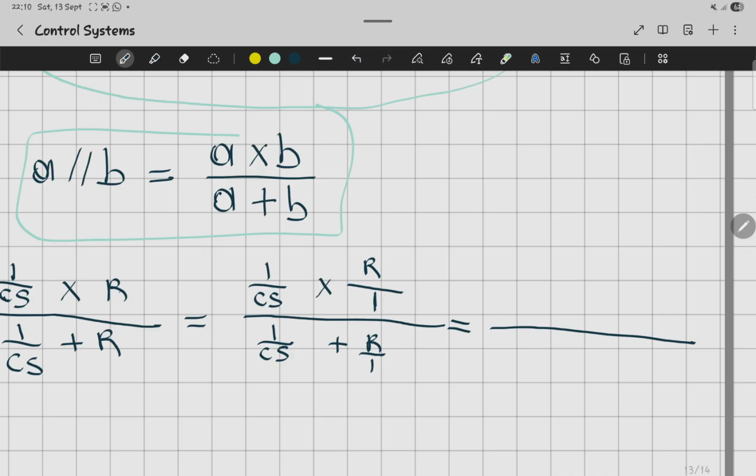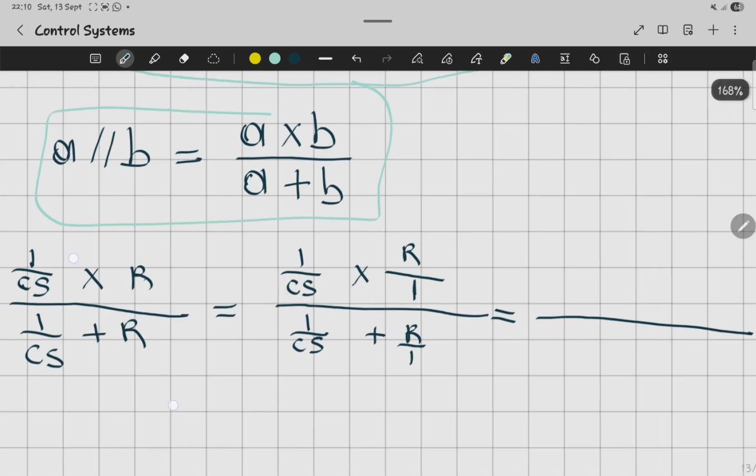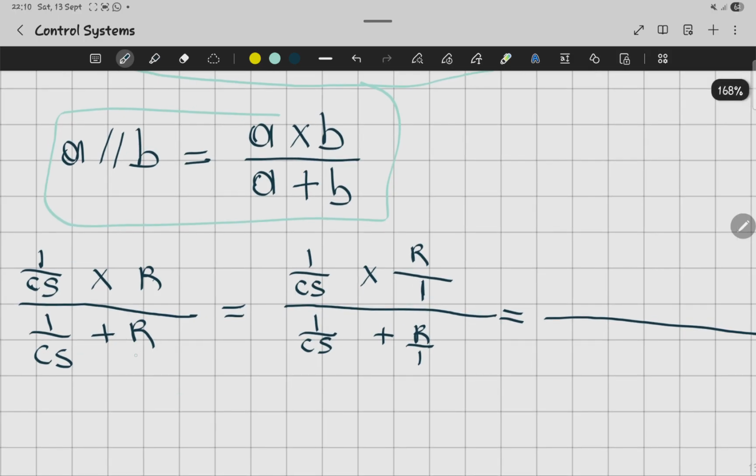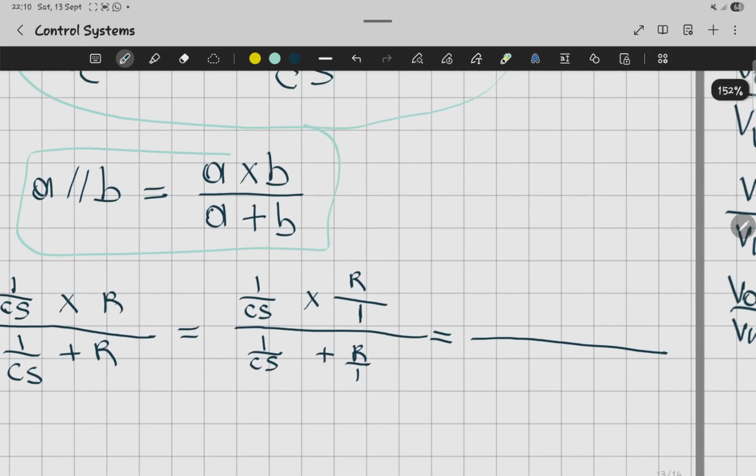When there's a number or anything without a denominator, we assume there's a 1 at the bottom. A fraction times another fraction, we just multiply the numerators together. So it's going to be 1 times R, and CS times 1. For this one, we need to find the common denominator, and CS is the common denominator.